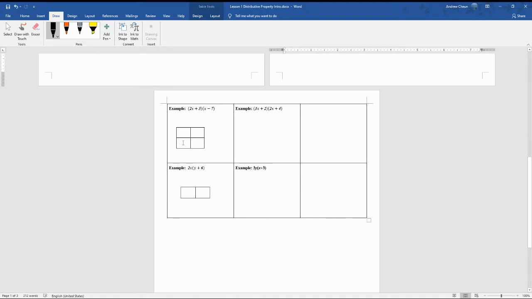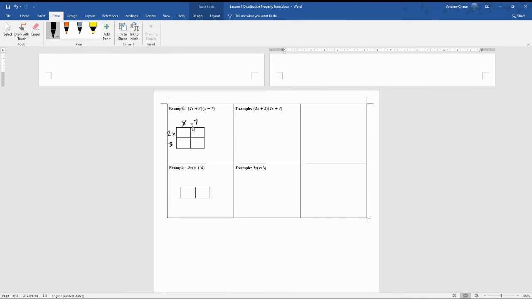So I'm going to start filling in my rectangle on the outside first. So on the left, I'm going to put 2x and 3, and then on the top, x, and then negative 7 or minus 7. So just like that one problem on the top that we just did, I need to multiply through every single rectangle and make sure that I'm keeping track.